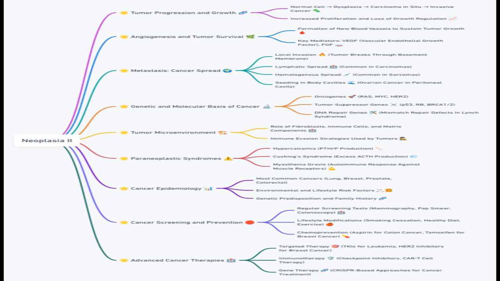The major features are a large size, larger than benign lipomas, lobulated and infiltrative growth which lacks a well-defined capsule, heterogeneous consistency, firm, fibrous, and sometimes myxoid or necrotic areas, and a deep-seated location, often found in the retroperitoneum, extremities, or deep soft tissues.